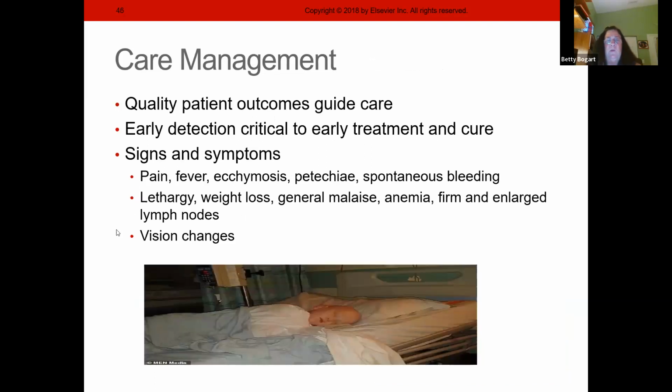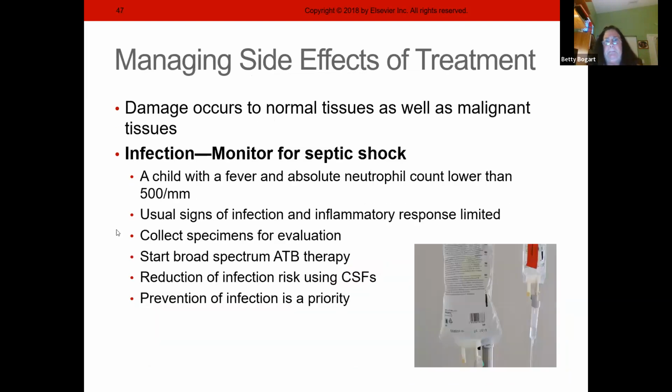One of the things we need to know is that the quicker they're diagnosed, the better they will do. Here are some of the signs and symptoms you might see: pain, fever, ecchymosis, petechiae, which is what that girl, my neighbor, was seeing. And they did get in there. Lethargy, just feeling bad, and vision changes can be part of it.